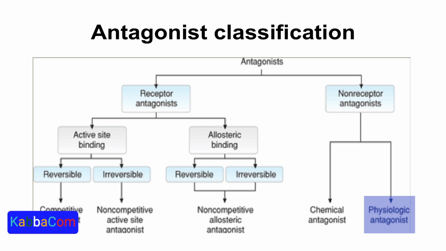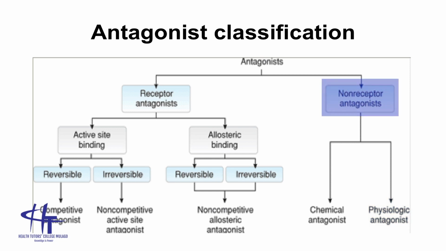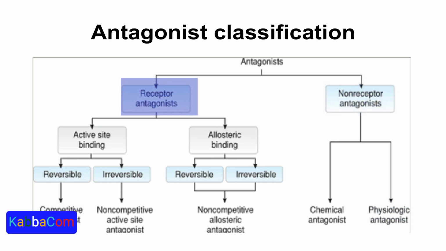And that table before you basically shows us the classification of antagonists, as you can see. We have non-receptor, where we have chemical and physiological, and then we have what we refer to as the receptor, where we have the active binding site and the allosteric binding site.